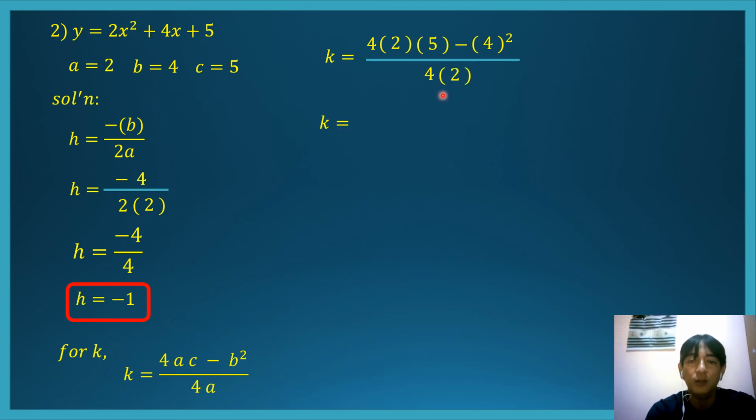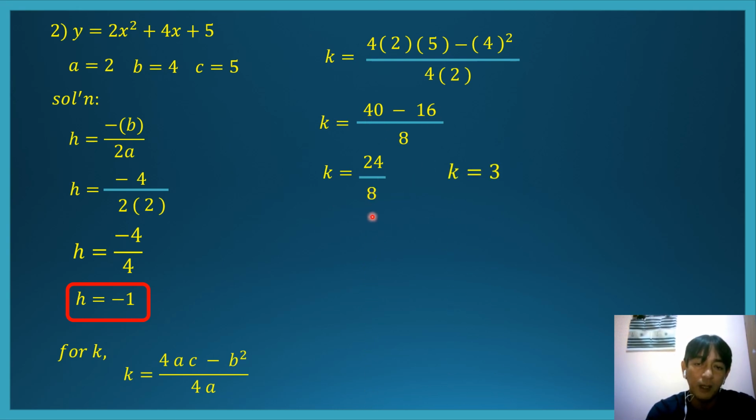So, ang a natin ay 2. Simplifying more, multiply natin muna to. So, this is 40 minus 4 squared is 16. So, 4 times 2 will be 8. So, k now will be 40 minus 16 will be 24 over 8 or 24 divided by 8 will give us 3. So, ang value ng k natin will be 3.